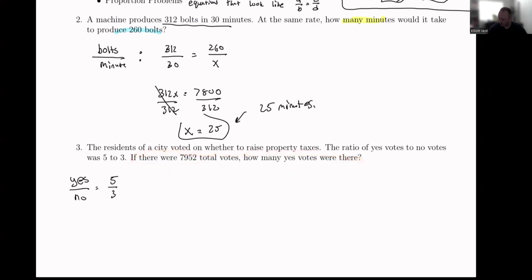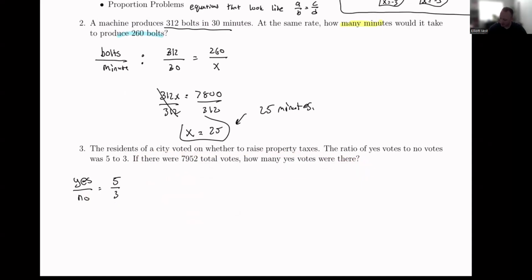So I can't put 7952 on the top and put x like that because that's not yes votes, that's total votes. Similarly, I can't put this on the bottom either because this number is not representing no votes. So it would be nice if instead I had one of these be total votes, and we're looking for yes votes.